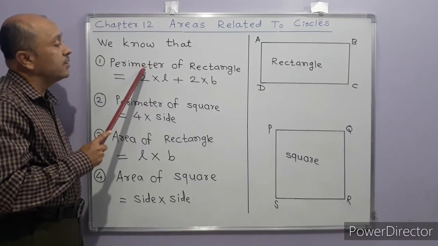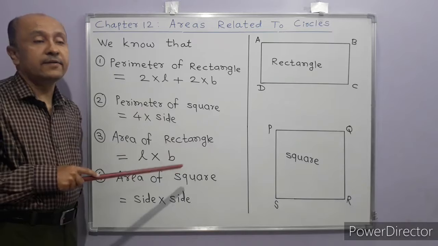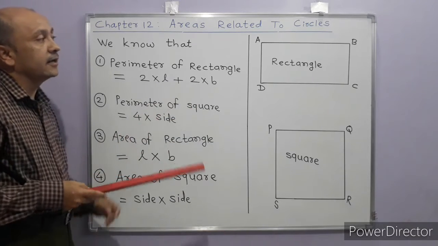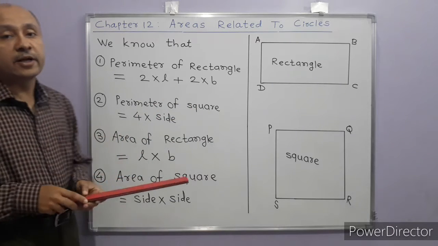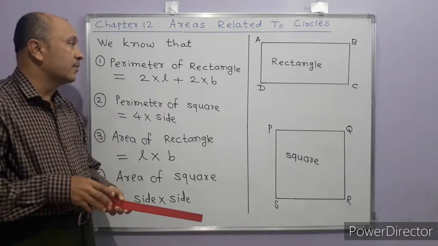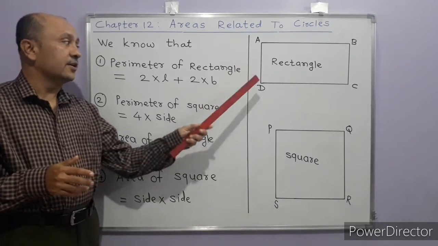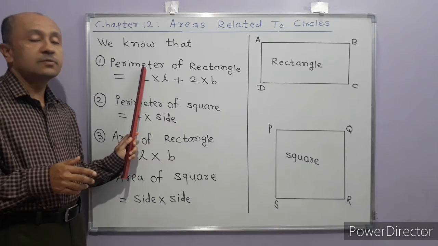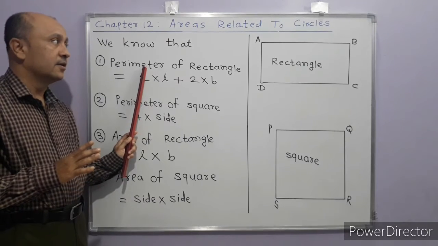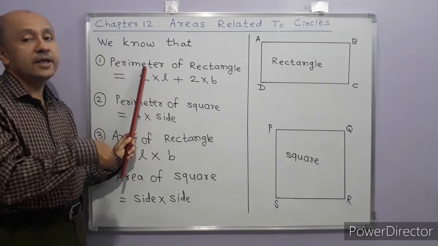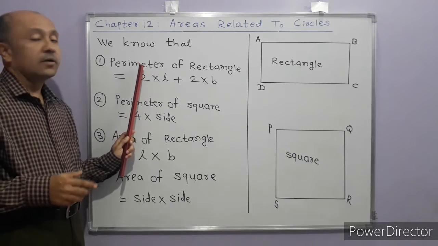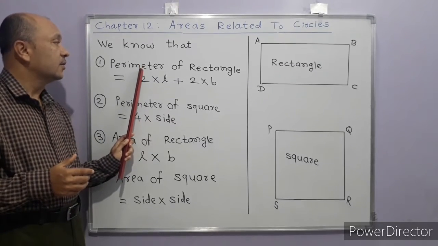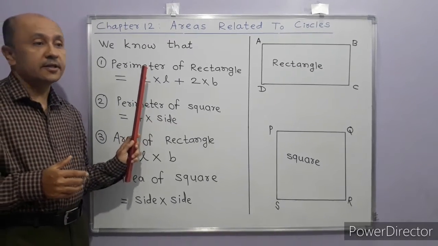This concept of perimeter can be used for various figures. It may be a triangle, a square, a rectangle, a parallelogram, or any figure. Okay, students, do you understand what is the meaning of perimeter? Perimeter means the length of the distance travelled. We can call it how much distance he has travelled.